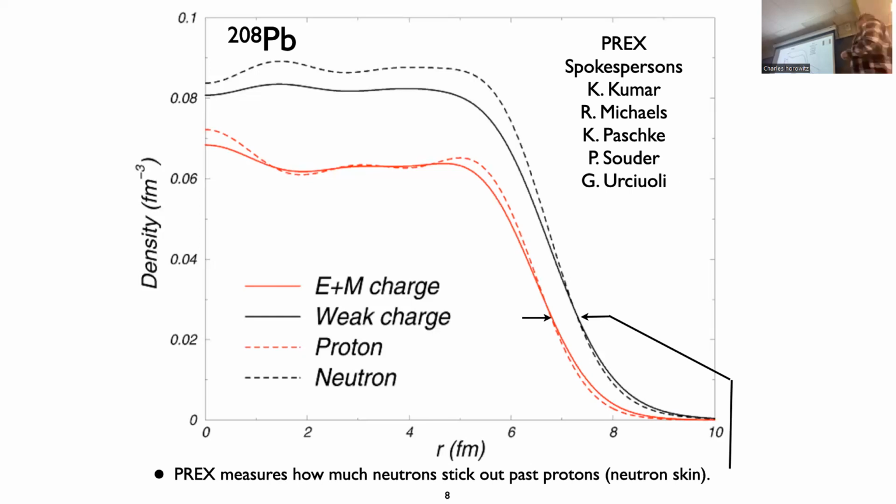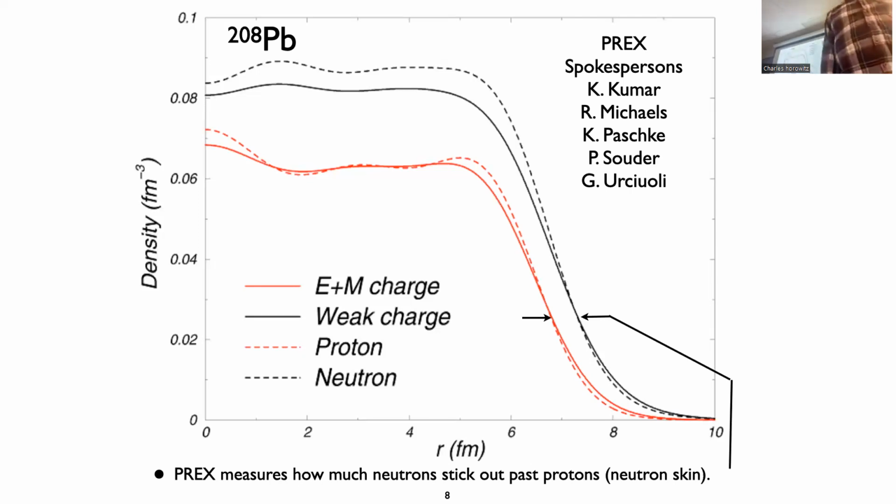Okay, so if you're measuring parity violation, this weak charge density is the observable, and this is very closely related to the neutron density. So this PREX experiment, the single low Q squared measurement of the parity violating asymmetry, we'll talk about seeing how far the neutrons stick out compared to the protons.